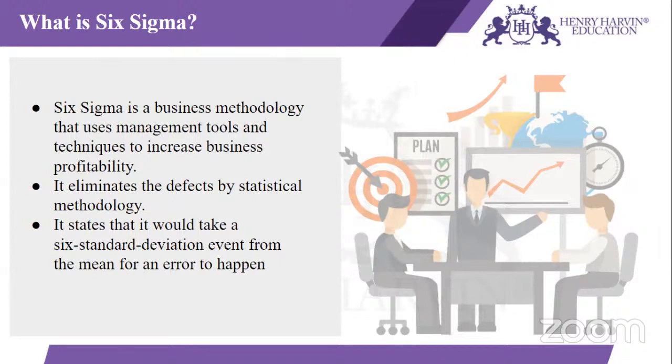Six Sigma talks about reducing the variation, right? What do we mean by reducing variation? Does anyone want to attempt it: what is variation? Maybe unwanted step?